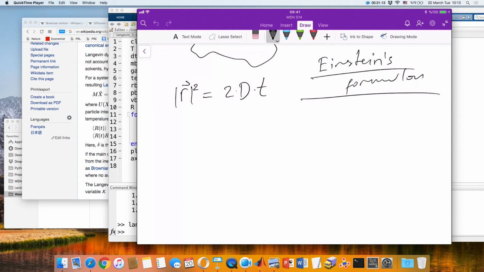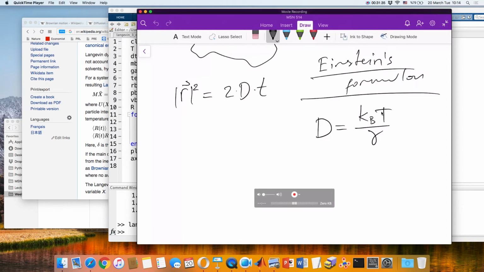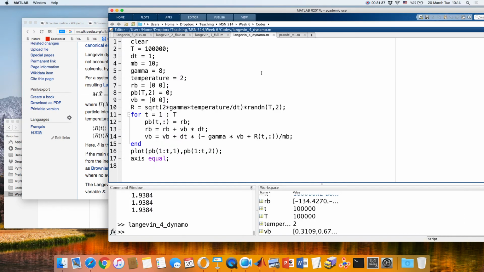Fluctuation is also connected to diffusion, because the more you fluctuate, the more you diffuse, right? So in fact, they are all connected with this formula. Actually, the diffusion constant can be calculated as kBT over gamma. Okay?